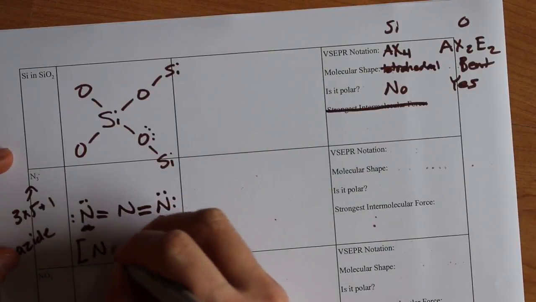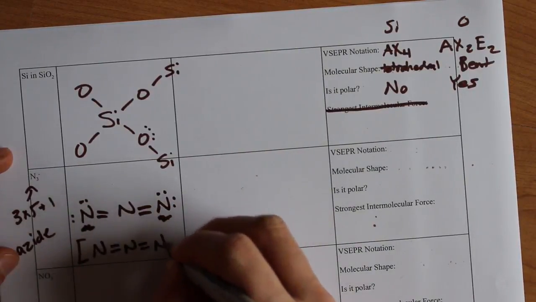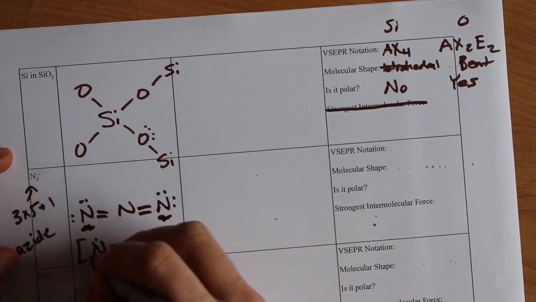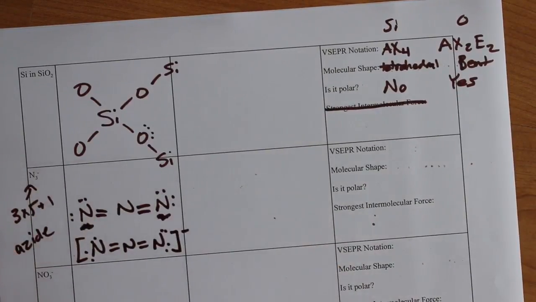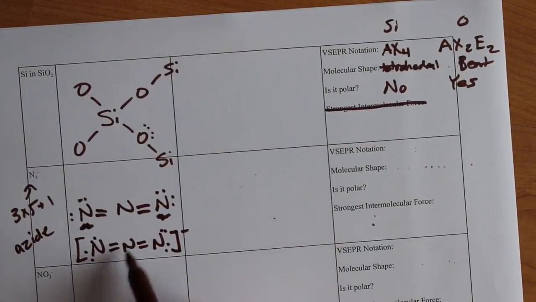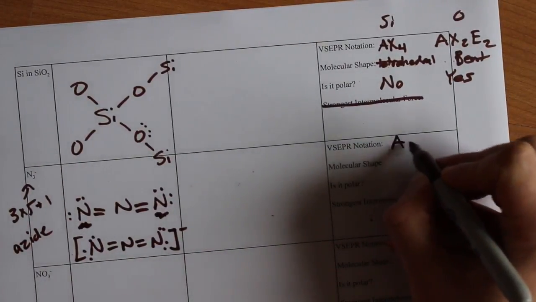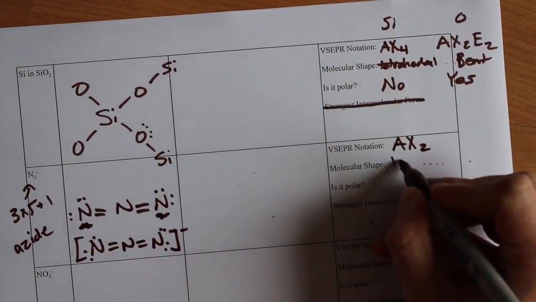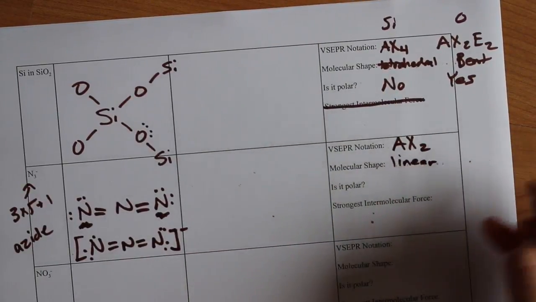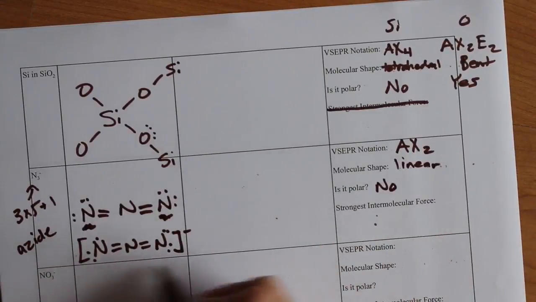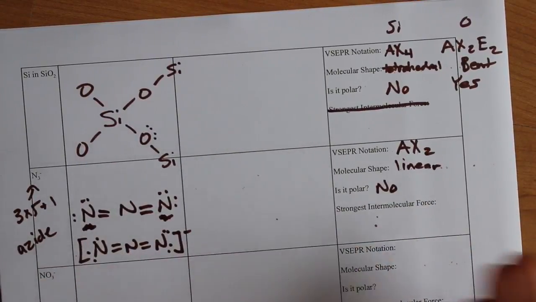The final Lewis structure is the middle N double bonded to either of the end Ns. We like putting it in square brackets with a minus charge. The middle nitrogen here is surrounded by 2 other atoms, which makes it AX2 and linear. It is certainly not polar because they're all nitrogen atoms, so there are no polar bonds.